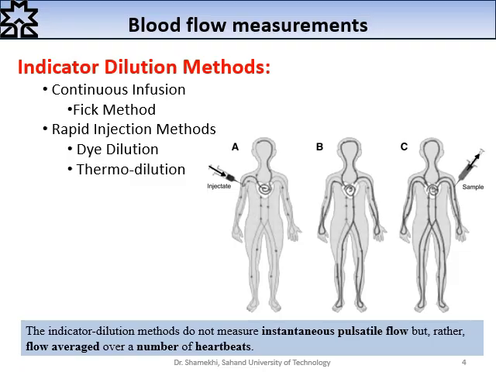The indicator dilution methods can be divided into two main methods: continuous infusion and rapid injection methods. As the main continuous infusion method, we will talk about the Fick method, and as the rapid injection methods, we will talk about dilution and thermodilution.